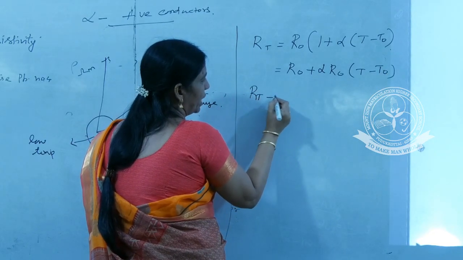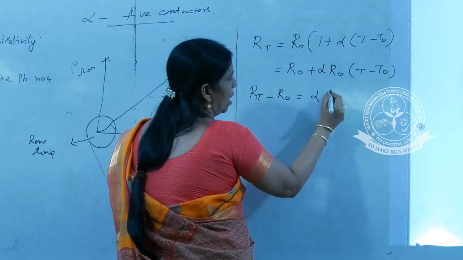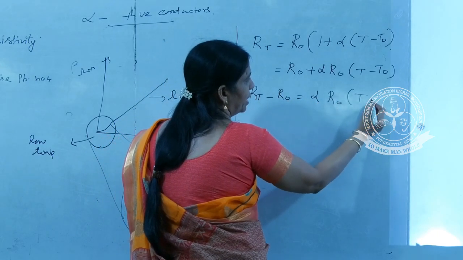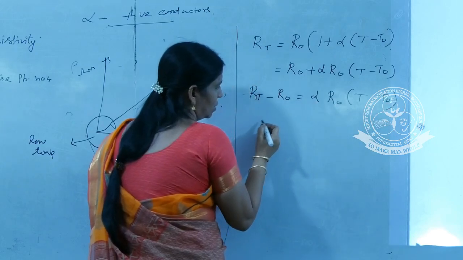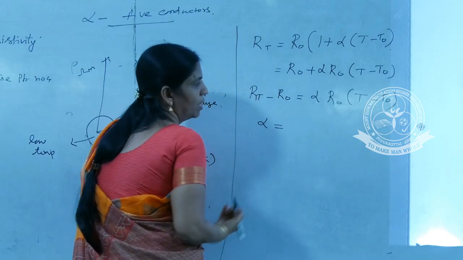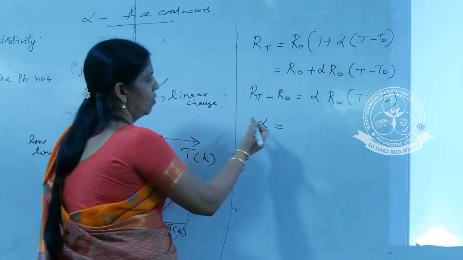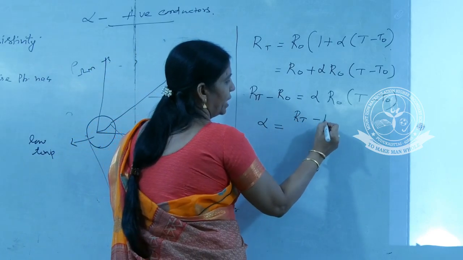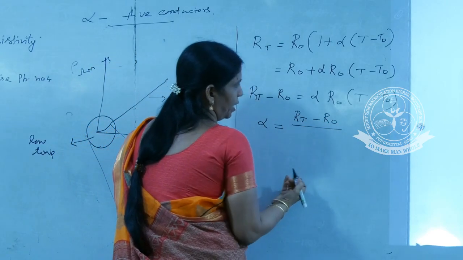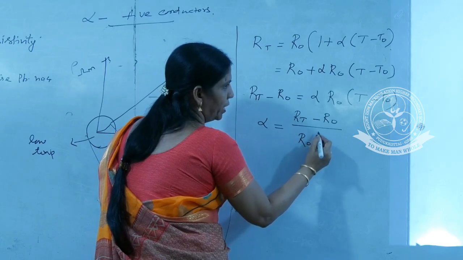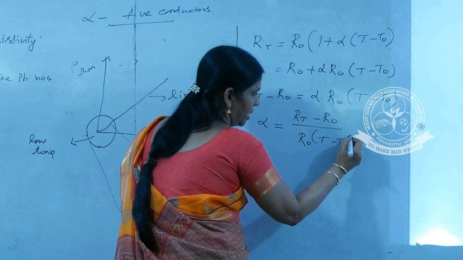So R_T minus R_0 is equal to alpha into R_0 into (T minus T_0), and let us find out the expression for alpha: alpha is equal to (R_T minus R_0) divided by R_0 into (T minus T_0).